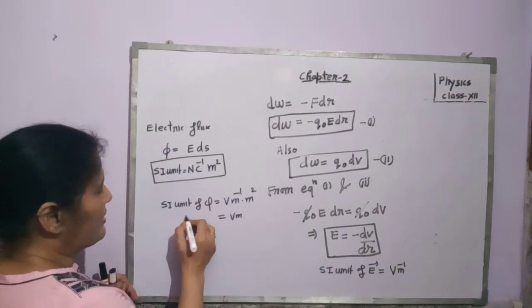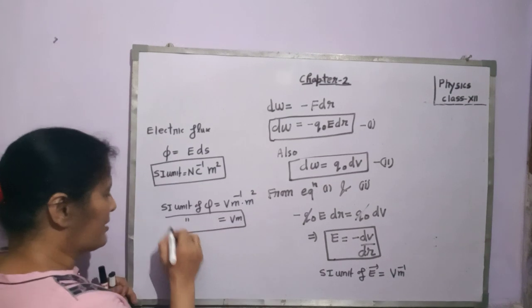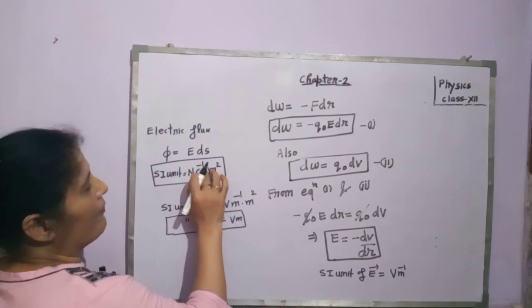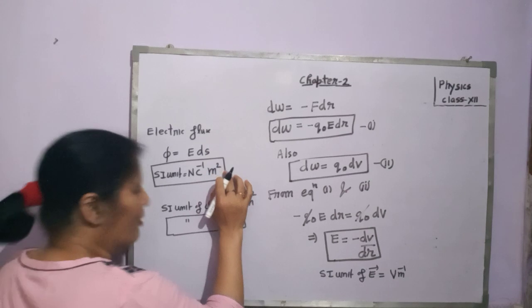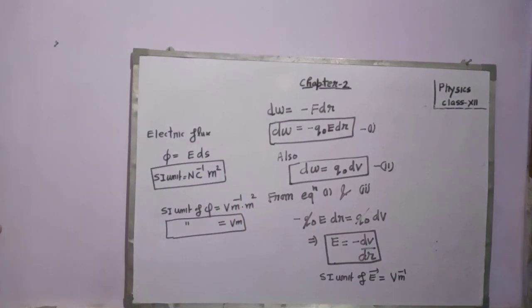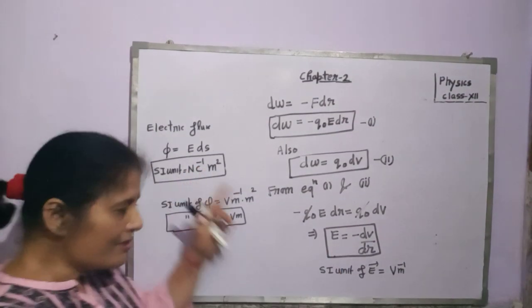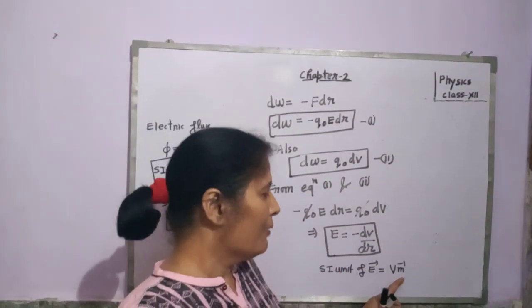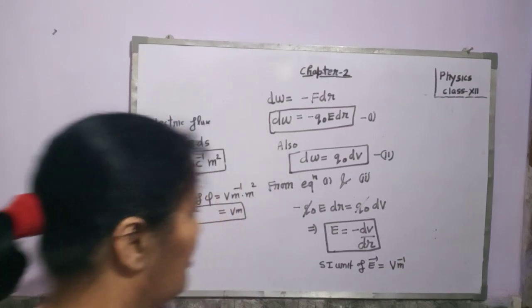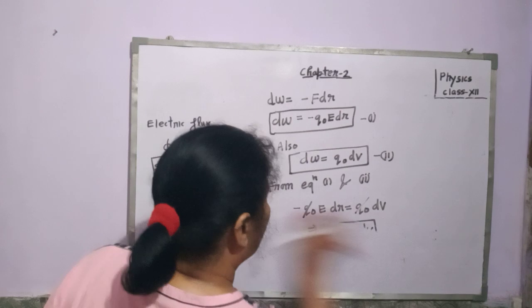This is the SI unit of phi also. Volt into meter, or you can say Newton Coulomb inverse into meter square. Both are the SI unit of electric flux. Similarly, the SI unit of electric field is Newton Coulomb inverse as well as volt meter inverse. You can utilize any one of these two units.